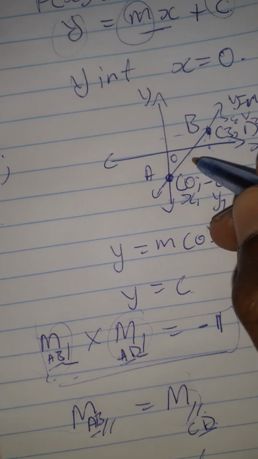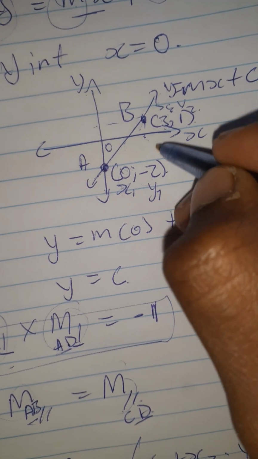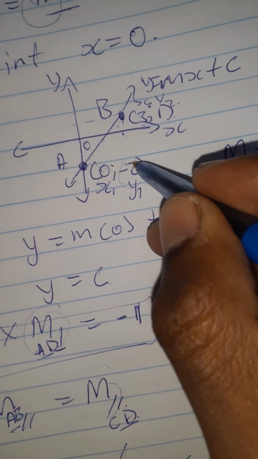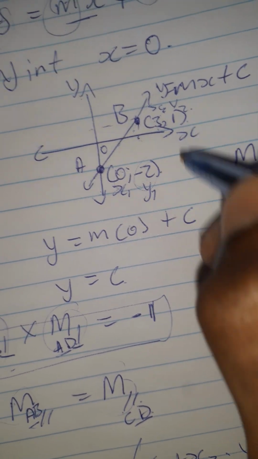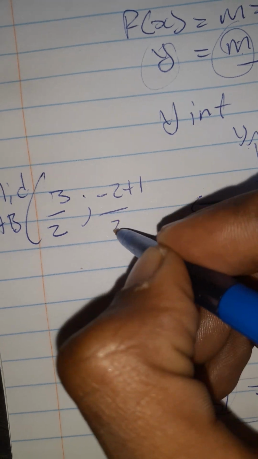And then the y value is going to be your y2 plus y1, or y1 plus y2. So it's negative 2 plus 1, divided by 2.